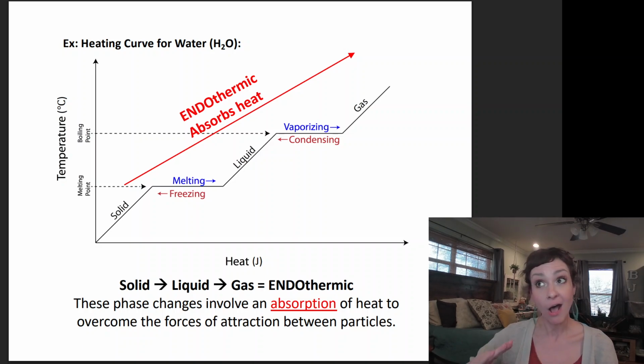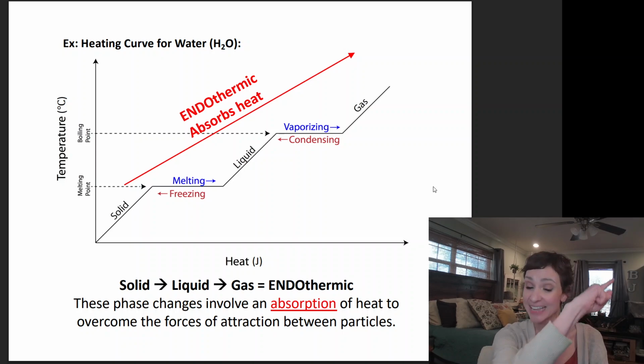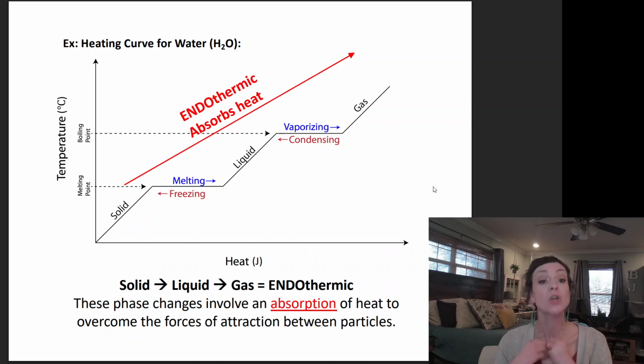And you guys, all of those phase changes that go up my heating curve are going to be endothermic processes, okay? So they will be absorbing heat to undergo those phases, okay? So the solid to liquid to gas transitions, all of those phase changes are endothermic. They involve an absorption of heat to overcome the forces of attraction between particles.